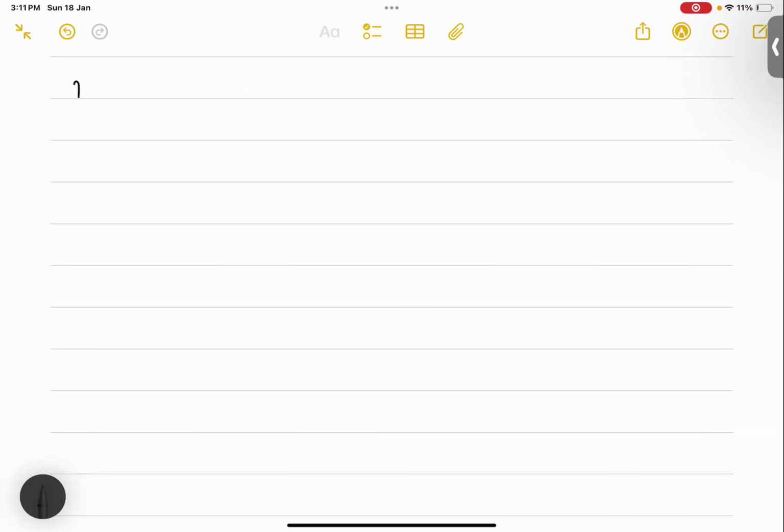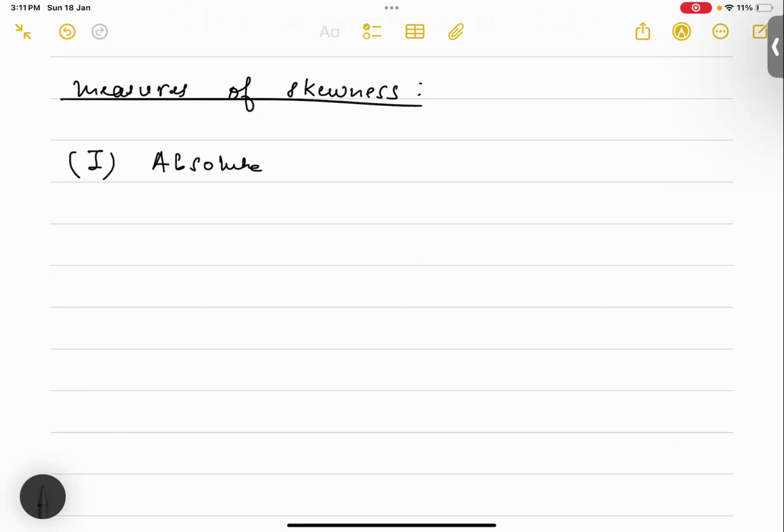Now measures of skewness. First one is absolute measure.